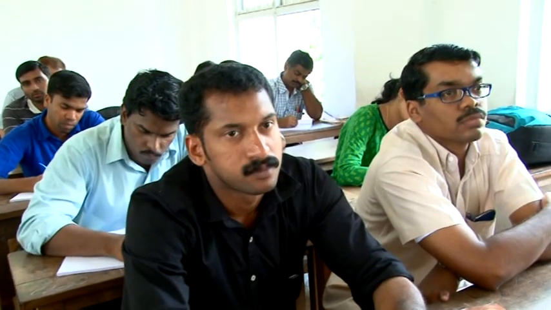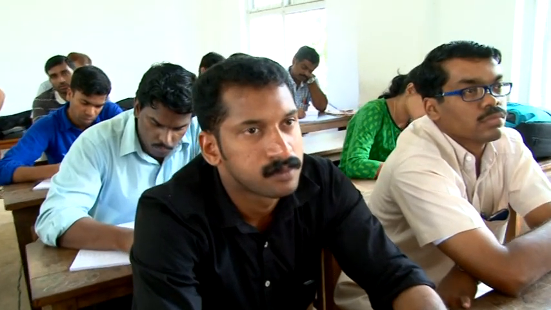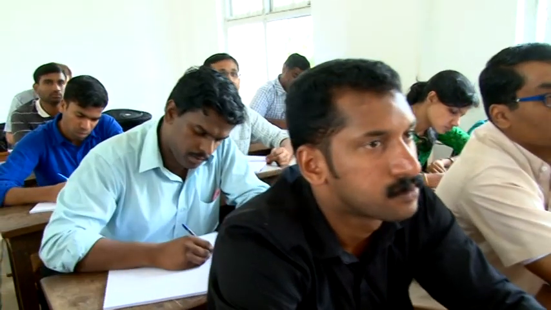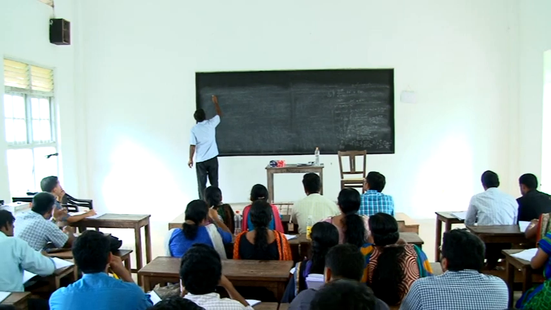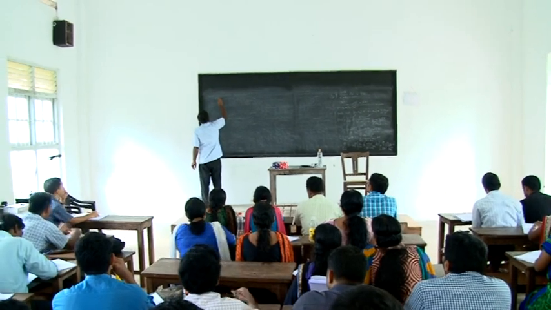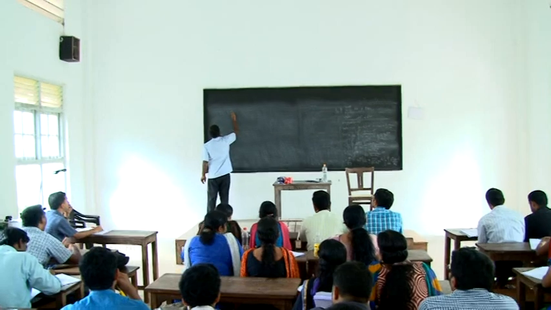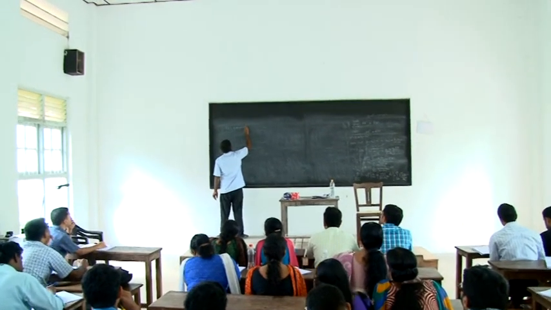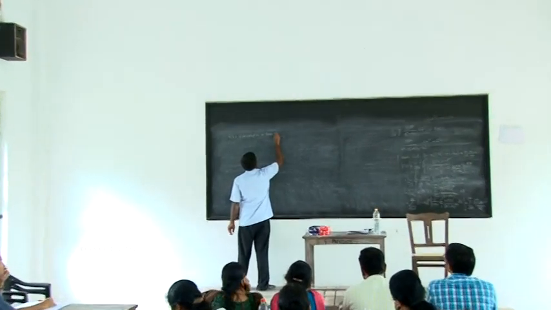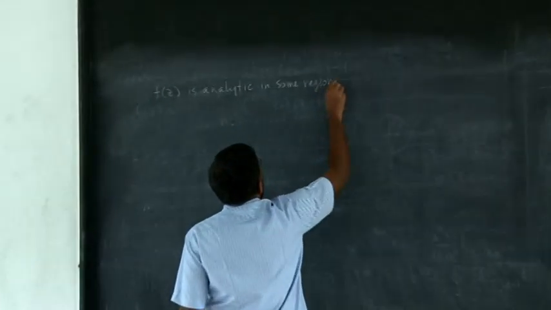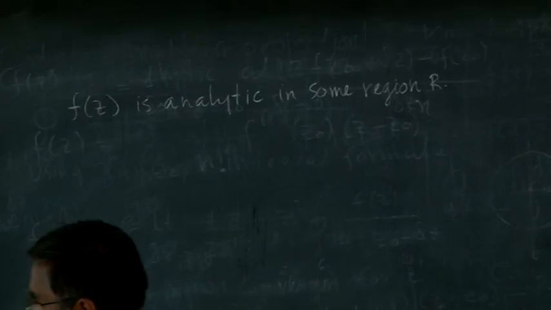So just before I sign off this topic, let us summarize what we have done in this topic. So f of z is analytic in some region R. This is something that we know.